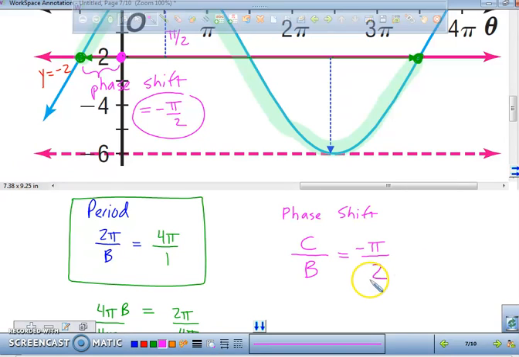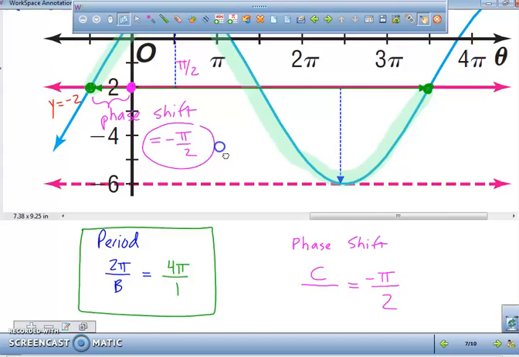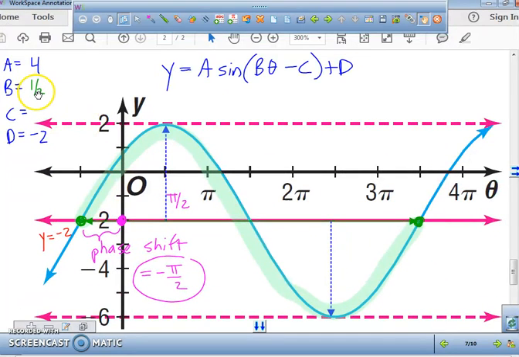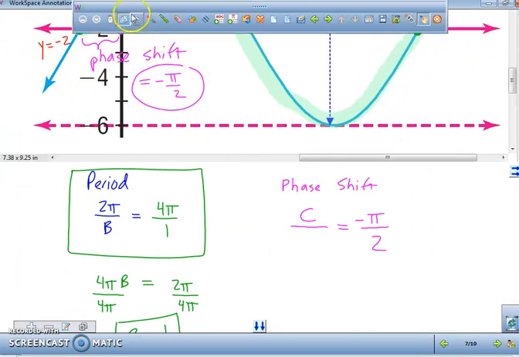What value do we already know? Our B value. What did we find our B value to be? Our B value was a half. So right now, I'm going to take 1/2 and plug it in right there. I'm plugging my 1/2 in for B.